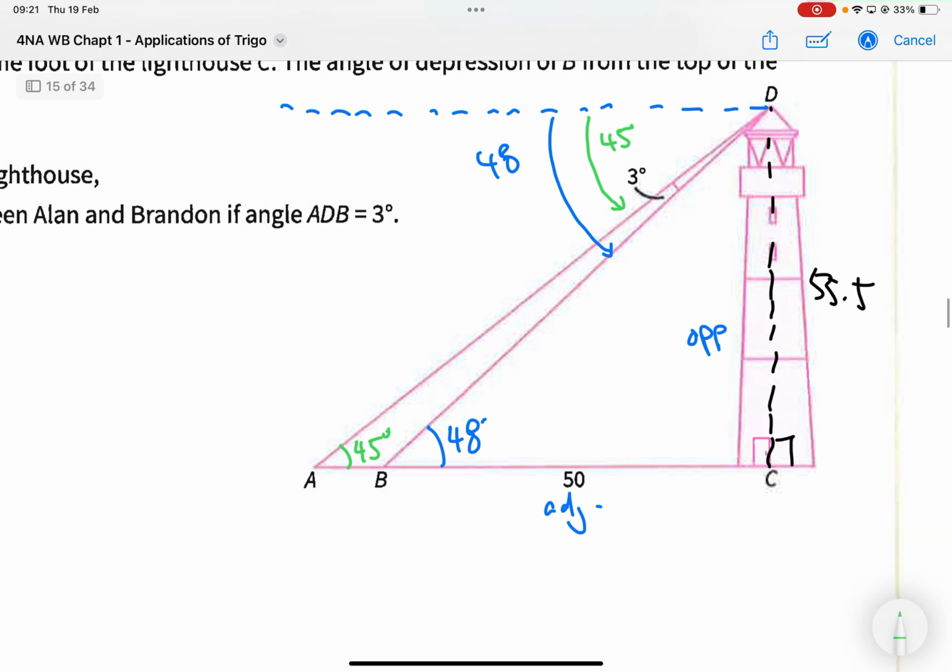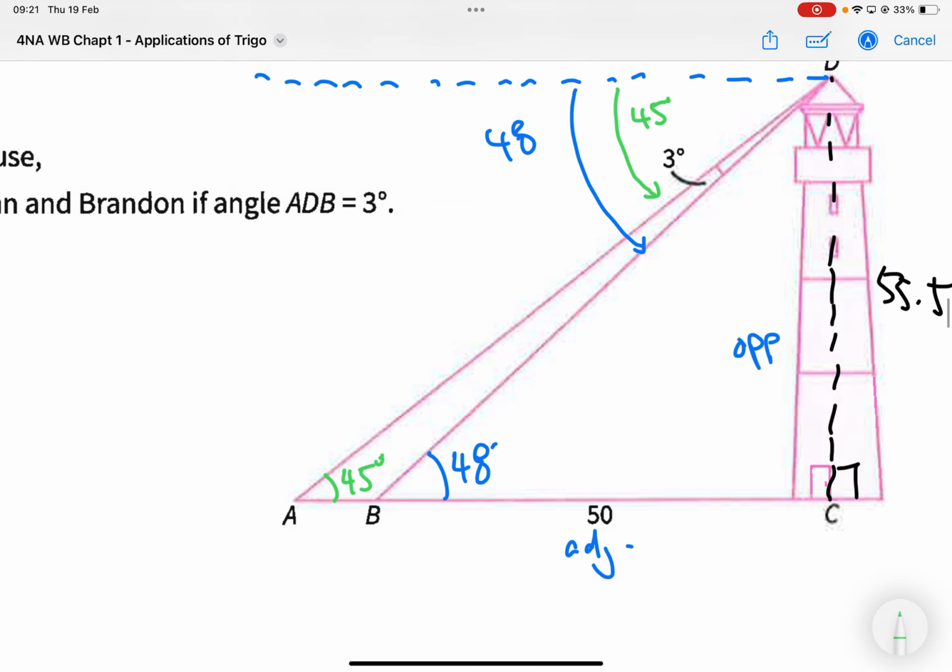So now I know my job is to find AC. Then how do I find AC? Again, I look at this right angle triangle. I want to find AC. AC is now the new adjacent. This whole thing.